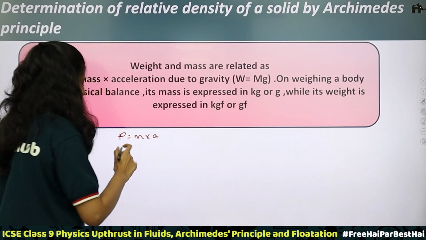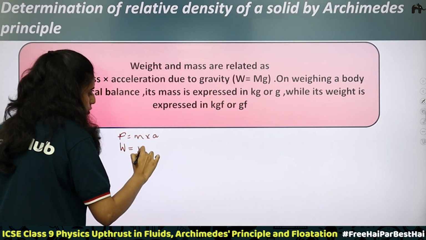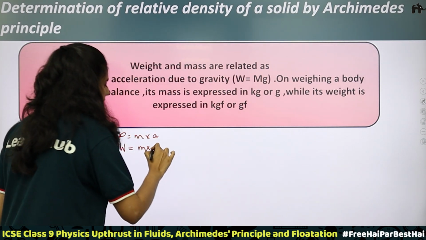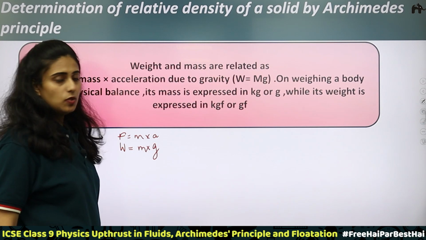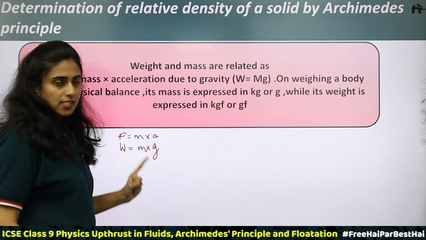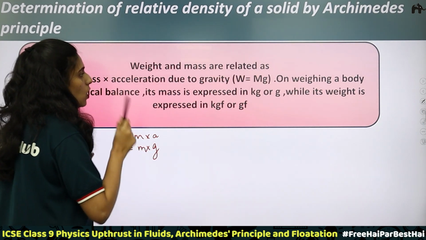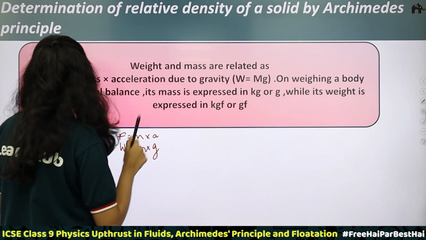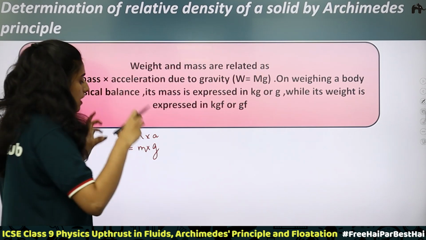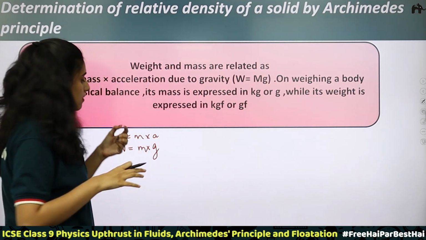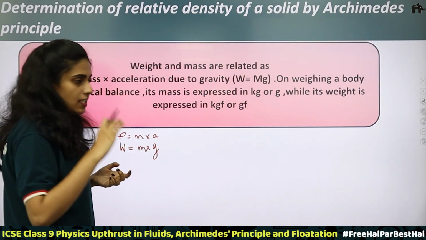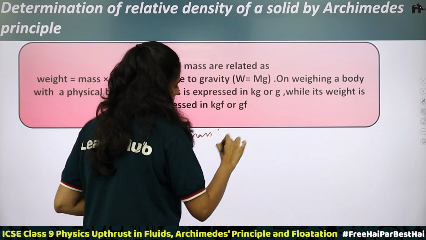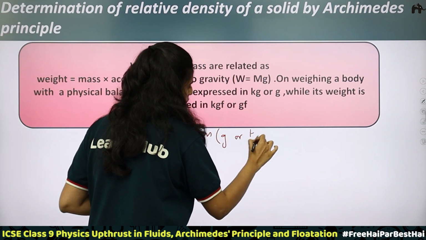Weight is equal to mass into acceleration due to gravity. So when you find the weight of a body using a physical balance, you will get mass in units of gram or kilogram.